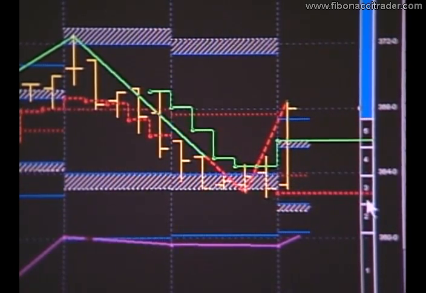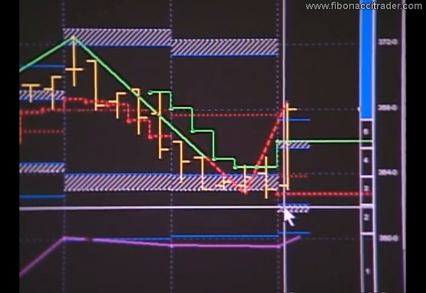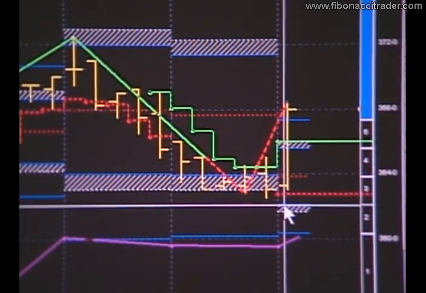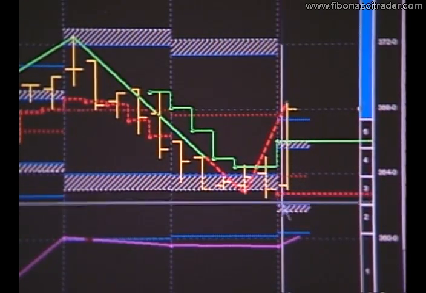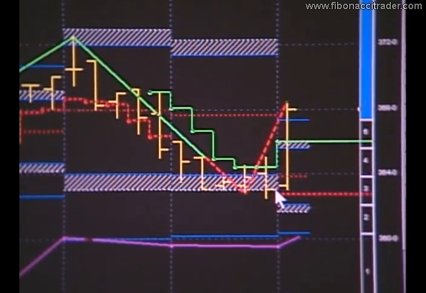In fact, zone number 2 was quite a few ticks away. Zone number 2 begins at 362, and the low of the bar was 363, so it was 1 cent away.